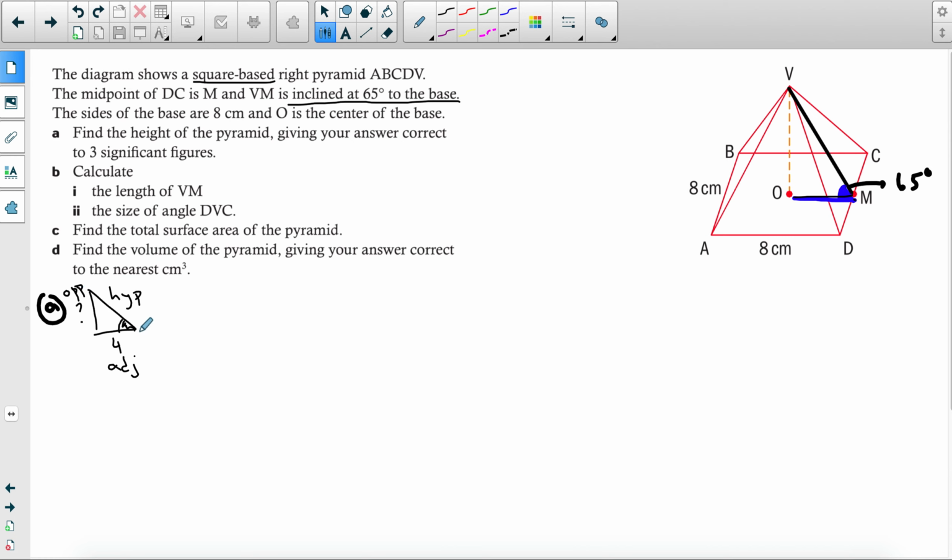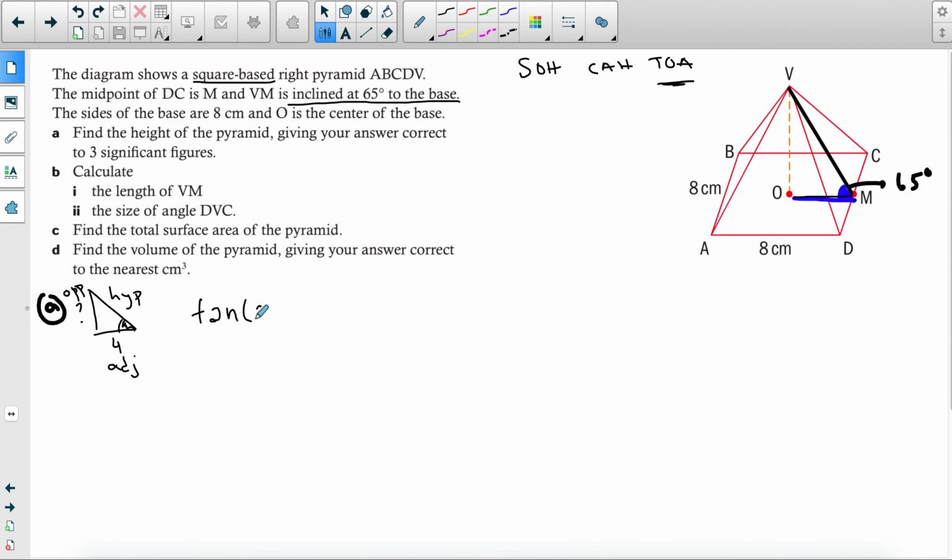So obviously we'll have to use one of the trig ratios. I'm just going to write them at the top for reference. We have the angle, we need the opposite, and we have the adjacent, so we'll have to use tan in this case.